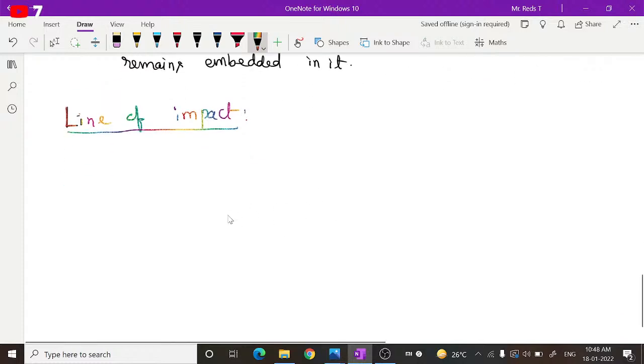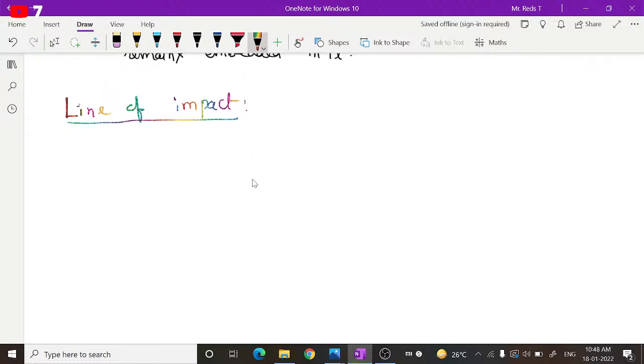The first one is, let us see, two bodies m1 and m2 moving with velocities u1 and u2. During the collision they come into contact like this. This is m1, this is m2.